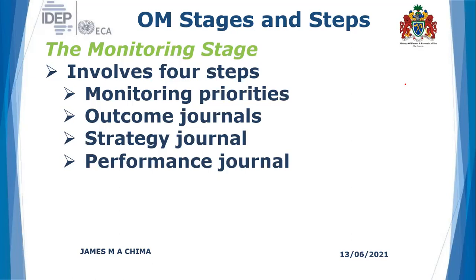The monitoring priorities, which one do we need to focus our energies on? The outcome journals, what are the expected outcomes that we have defined based on the partners, the stakeholders that we have defined? And then the strategy journal, the how part. How are we implementing the outcome mapping? And then performance journal, how do we assess the progress being made in rolling out the intervention?